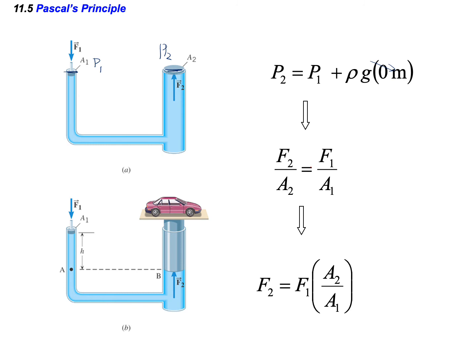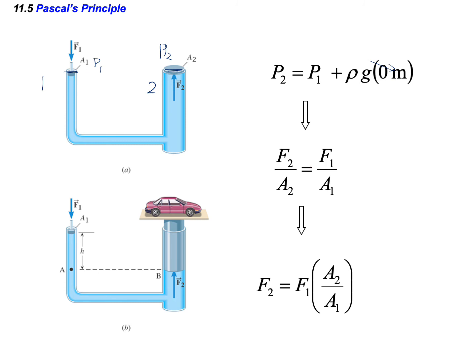So this is side 1, this is side 2. So force over area on one side is equal to force over area on the opposite side. If I rearrange this equation, the force on the second side is the force on the first side times the area ratio of the second side to the first side.